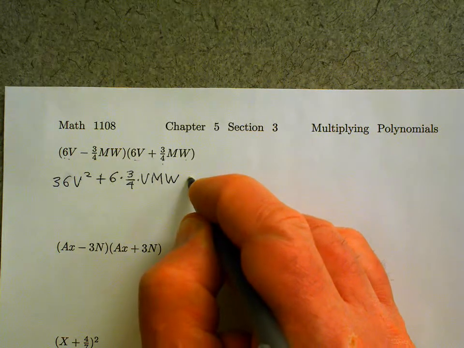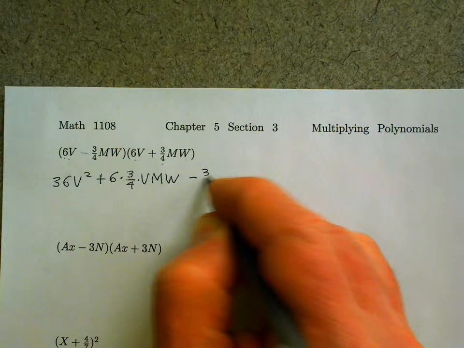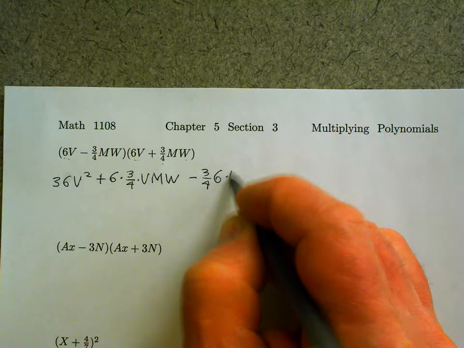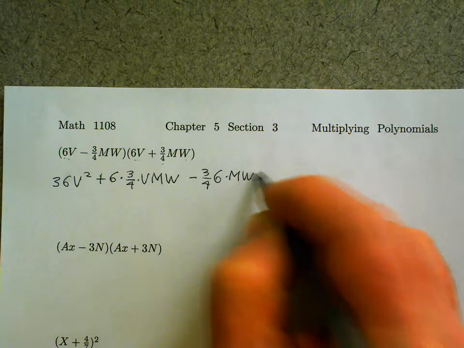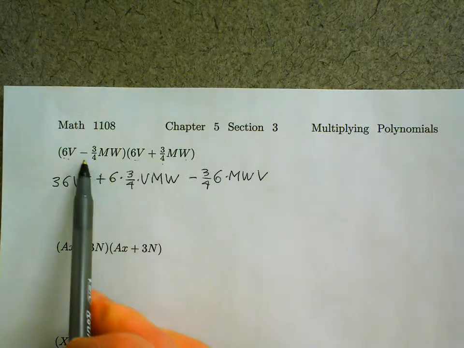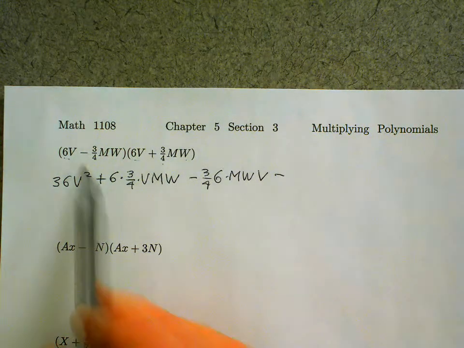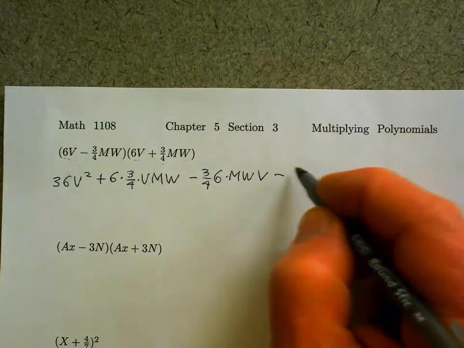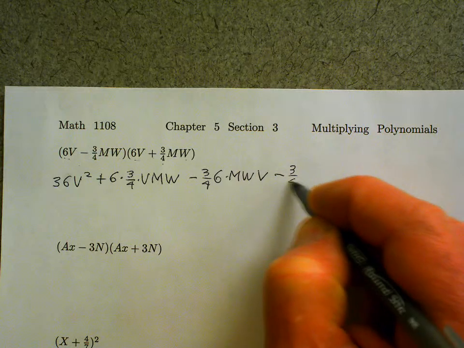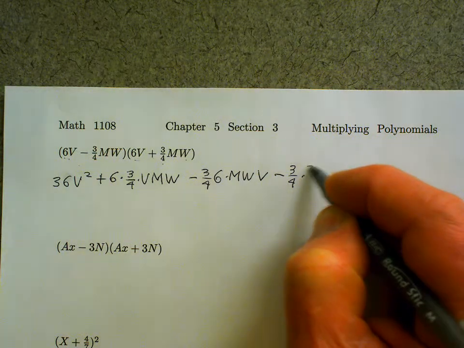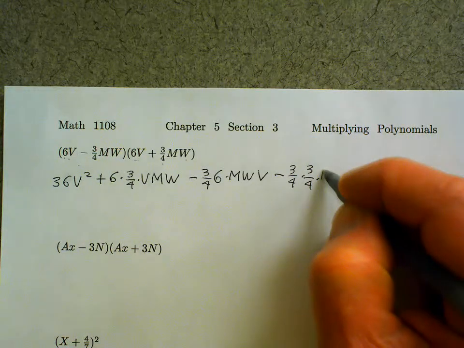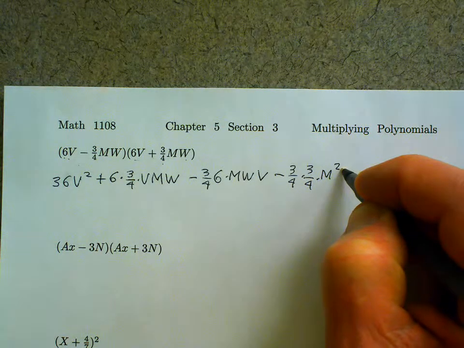Let's write this as minus 3/4 times 6 times mwb. And then minus 3/4 mw times 3/4 mw. So I'll write this as minus 3/4 times 3/4. And m times m is m squared, and w times w is w squared.